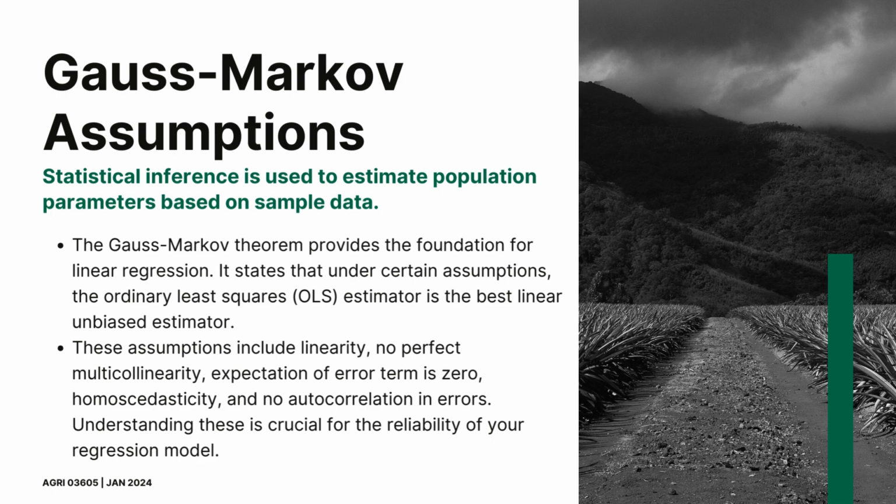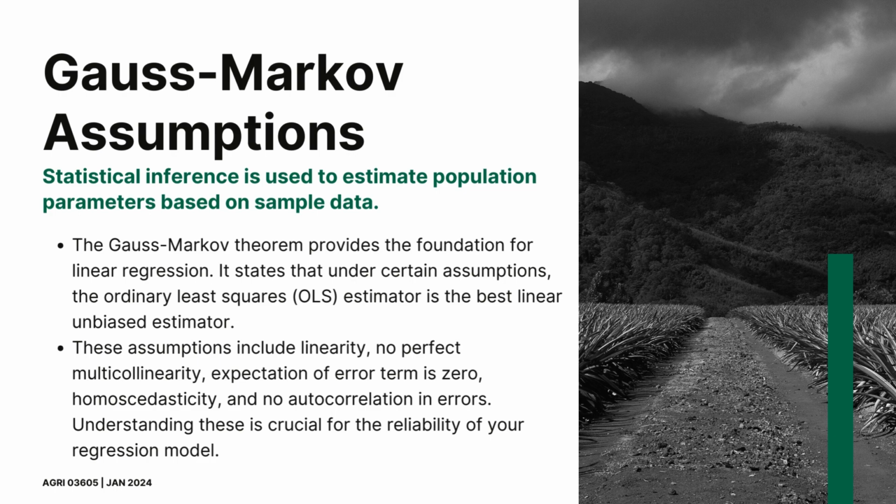The no perfect multicollinearity assumption states that there should not be perfect multicollinearity in the model. This means that no independent variable is a perfect linear function of other explanatory variables. In practical terms, it ensures each independent variable brings unique information to the model, allowing for the estimation of its specific effect on the dependent variable.